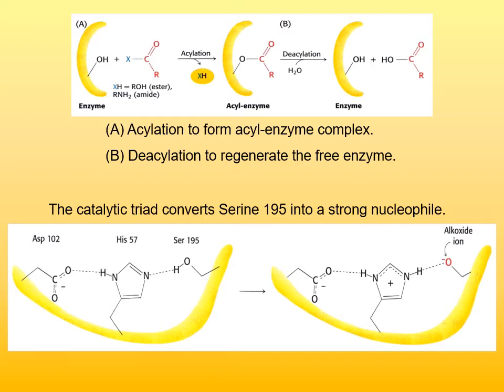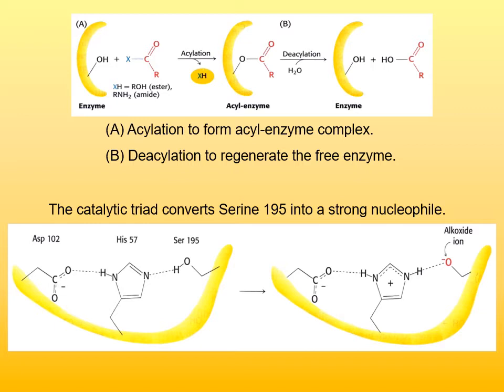So in the case, for example, of chymotrypsin, that catalytic triad is formed by the side chains of aspartate 102, so the 102nd amino acid in the chain, histidine 57, and serine 195. So you see the 57th, 102nd, and 195th amino acids on the chain. But the chain folds in such a way that these 3 residues are very close to each other.